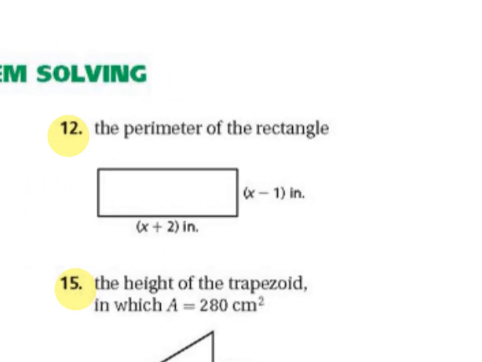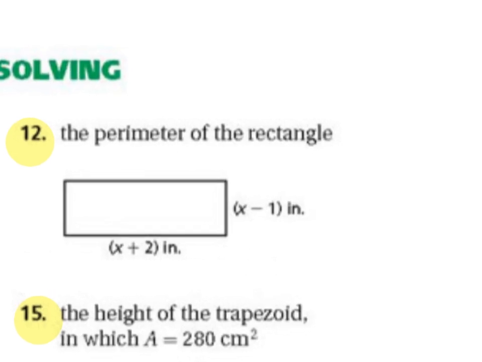Now number 12. We have to find the perimeter of the rectangle. So to find the perimeter, we can just add up all the side lengths together. So we can add all 4 sides together.